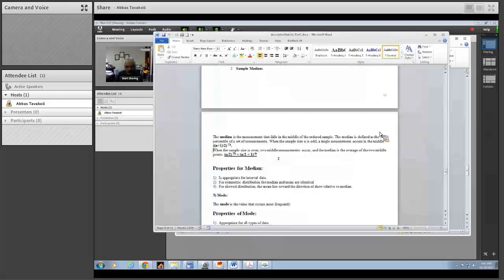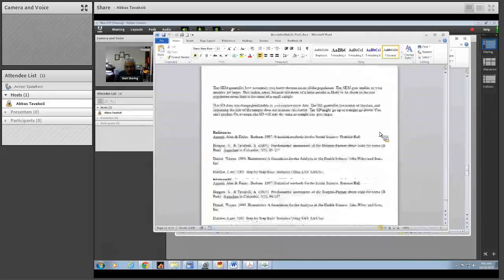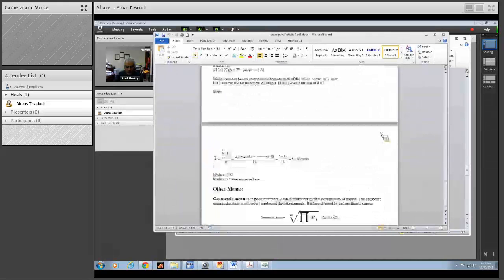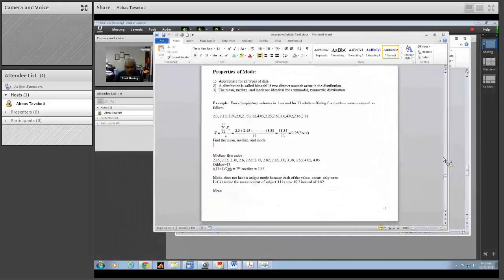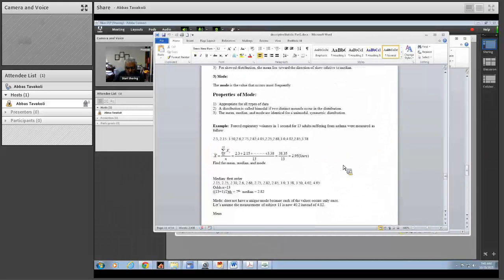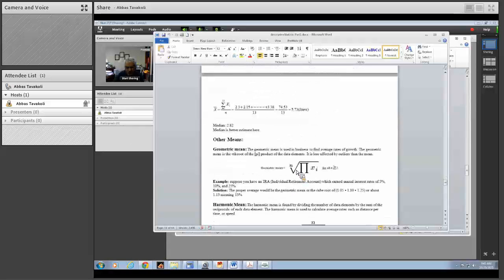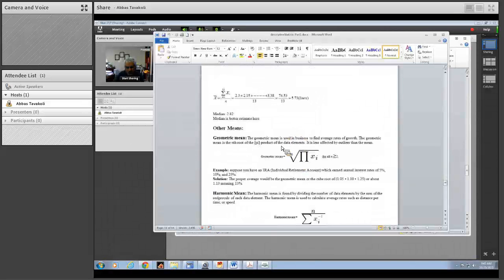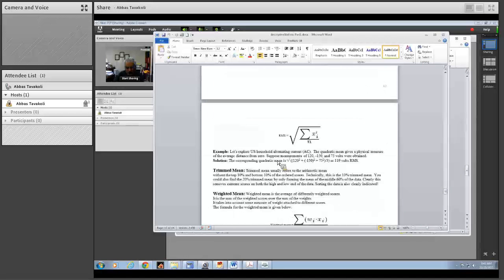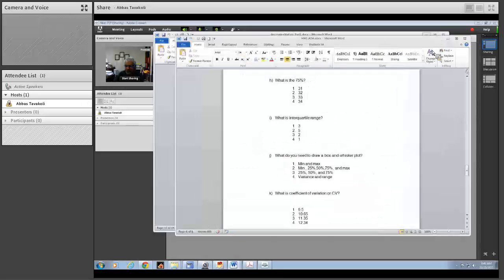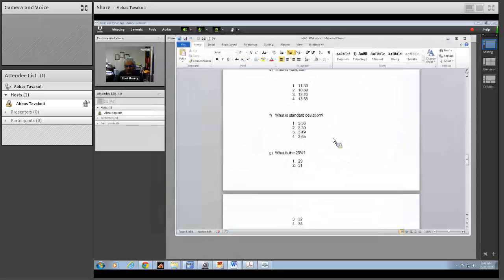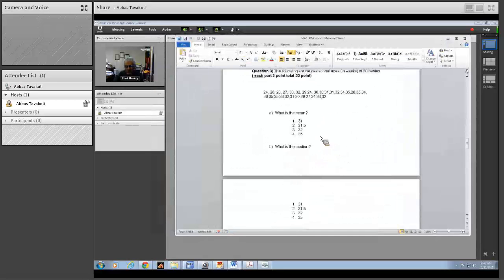If you look at the handout, you can look at the problem here. The mean you can calculate basically as the sum divided by the number, and there are also several other means.